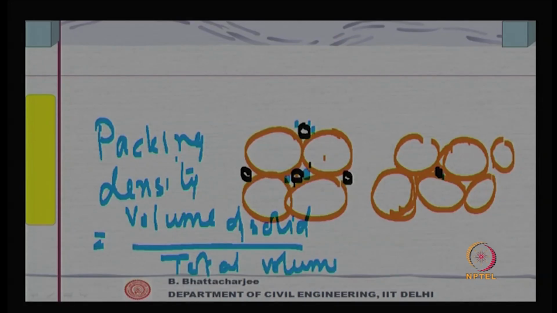So, it is the volume fraction. Packing density increases with a larger size distribution, and this is what we will look into in the next class, the issue of packing density, how particles pack.